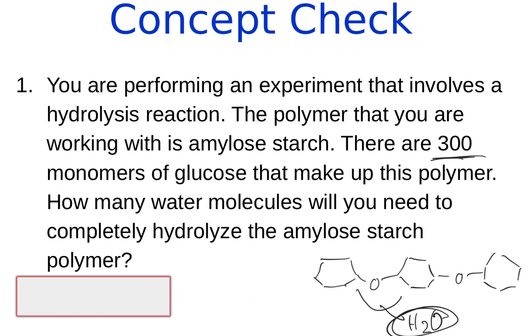So if you look at it from a smaller perspective, if I have 3 monomers in my polymer and I want to take it apart, how many water molecules am I going to need? And the answer is 2. I'm going to need 2, one here and one here, to completely disassemble a 3 monomer polymer. So if I have 300, how many water molecules am I going to need?